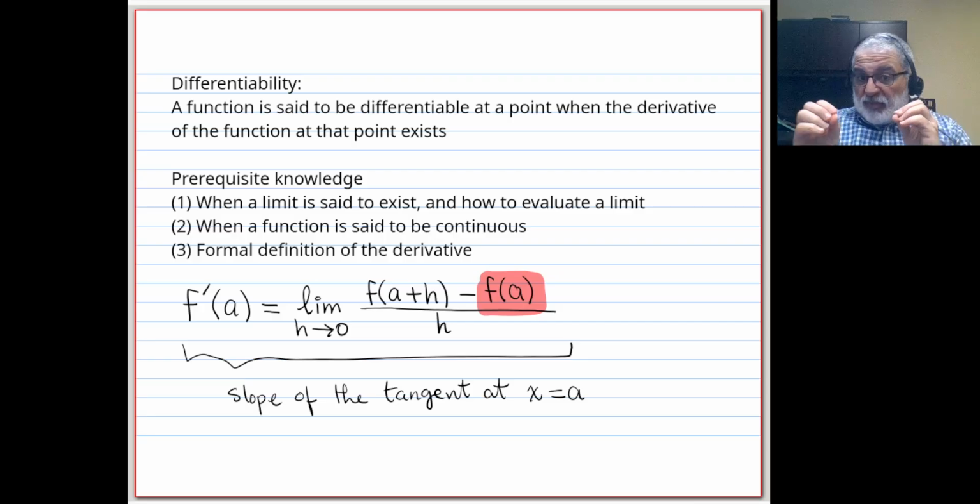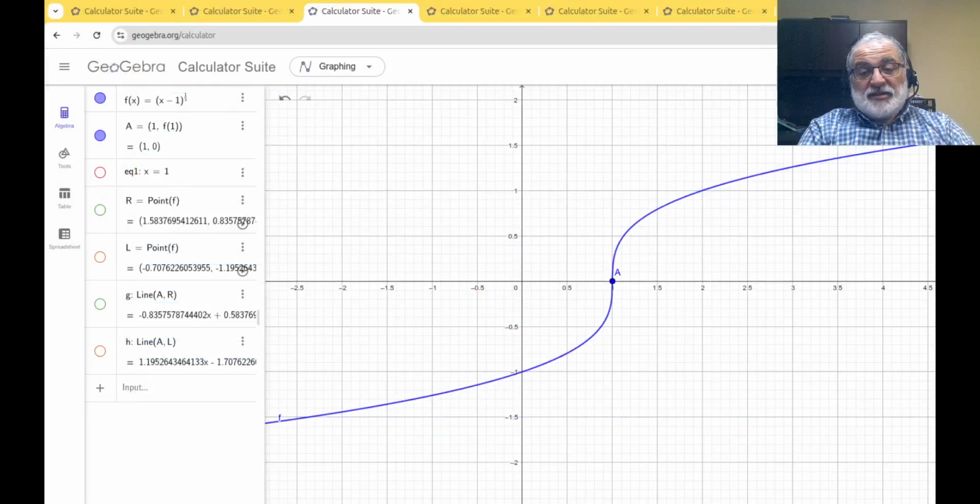I'll give you a moment to think of when a line would not have a defined slope. Any ideas? When you have a vertical line. A vertical line does not have a defined slope. And hopefully you remember that from like grade 9 or 10. So look at this function right here.